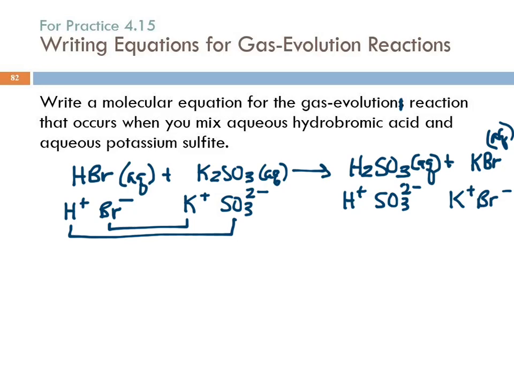That's one of those guys. Decomposes. So I'm going to clear this out. We're going to have a lot of scribbling in here, and then we'll write it all nice and neat at the end. What does this decompose into? Water and what's left. The water would be a liquid, and what's left is SO2, and that will be a gas.